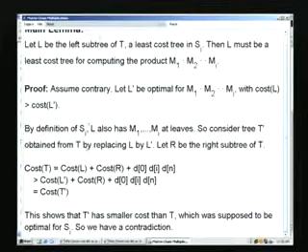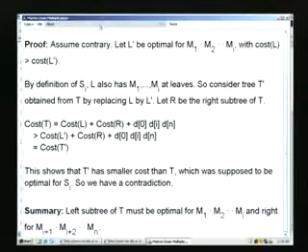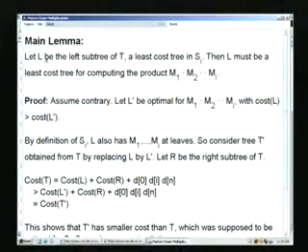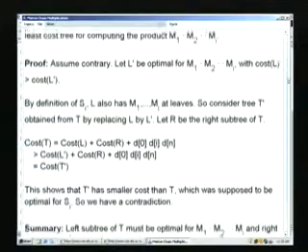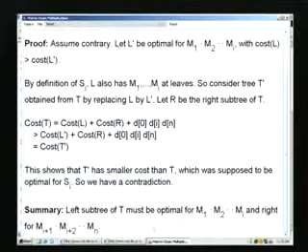So, we have a contradiction, and therefore our basic statement must be true, that L must also be a least cost tree. So, if T is a least cost tree, then its left subtree L must also be a least cost tree. But we can apply the same argument to the right side as well. So, we can argue that the right subtree of T must also be the optimal subtree over its leaves.